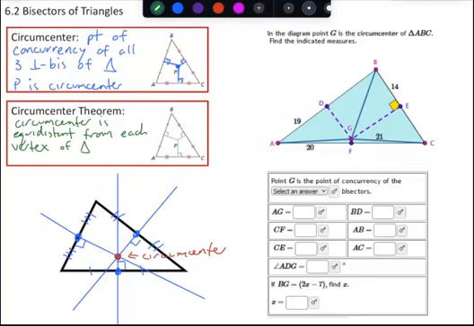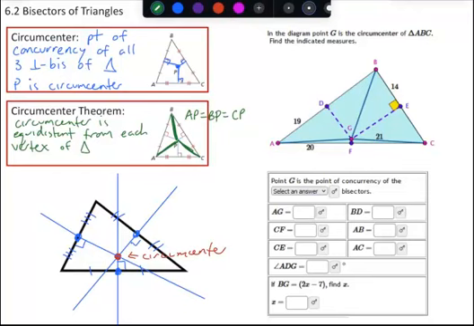Okay, and so what that means is that if you look at this measure from A to P, B to P, and P to C, these are all the same measures. Okay, these are all exactly the same. So AP is equal to BP, which is equal to CP. Okay, and what that allows you to do, or the whole point between this circumcenter, is it allows you to find a point that's exactly between 3 locations.